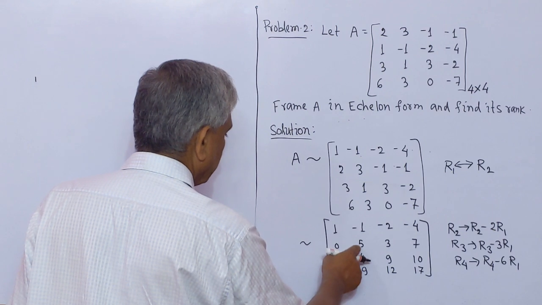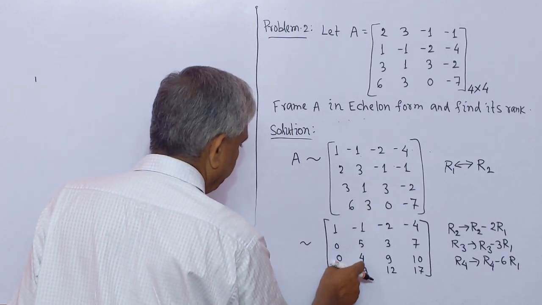Here we need to make 1. So 5 minus 4, 1.